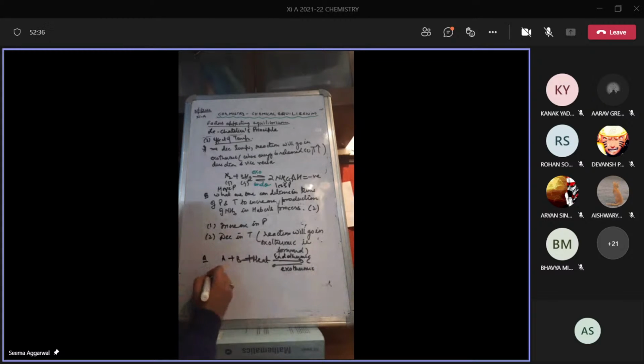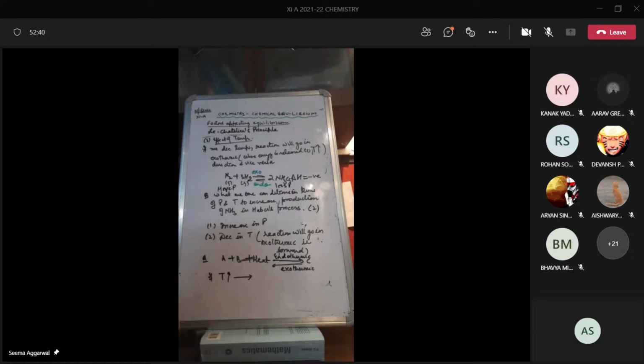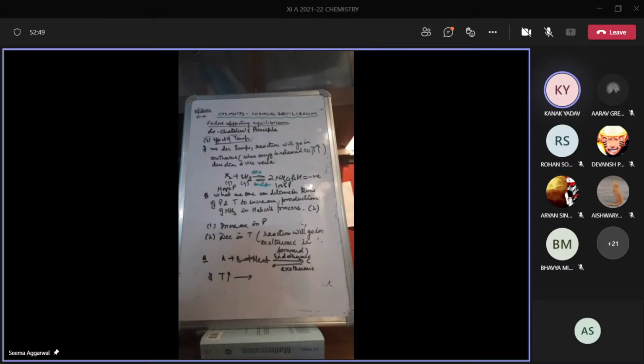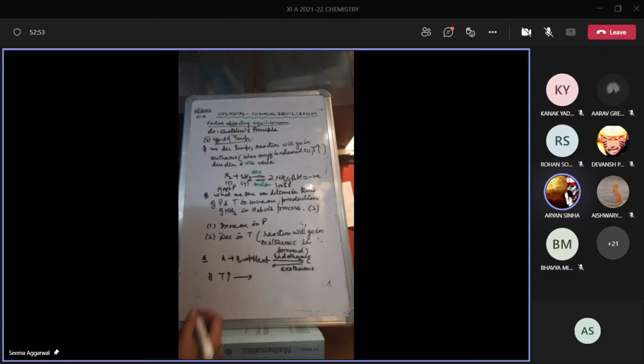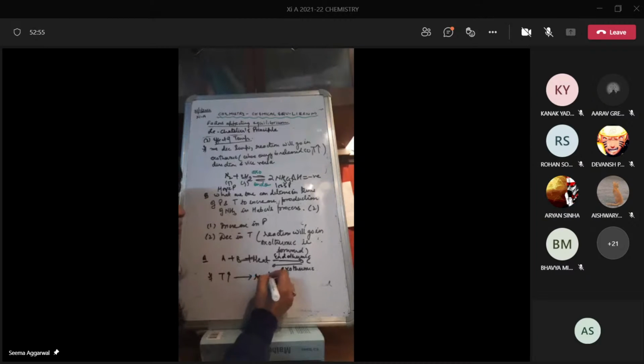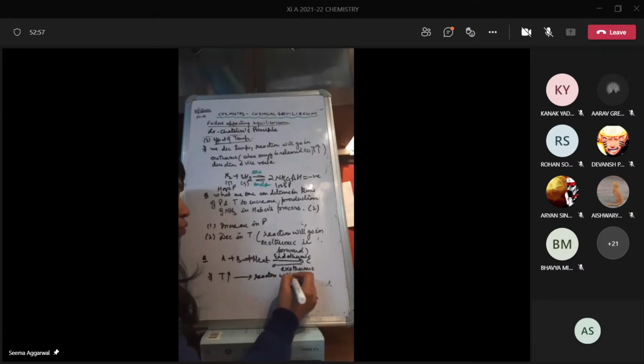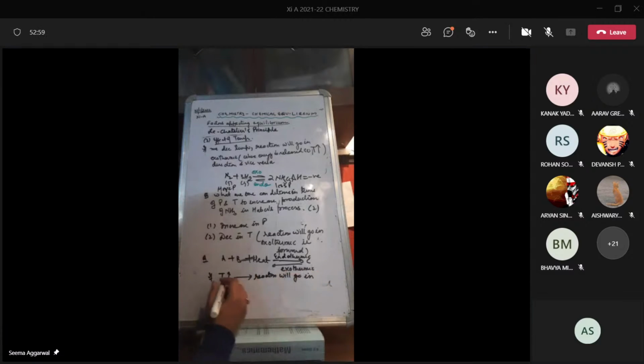In this case, if the temperature increases, what will be the direction? Forward. The reaction will go in the forward direction.